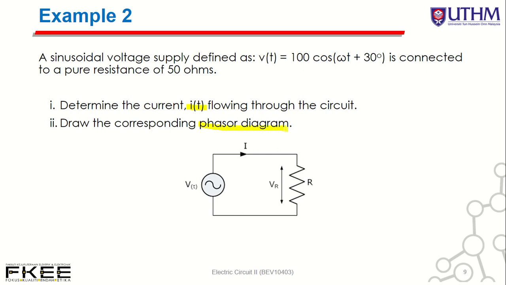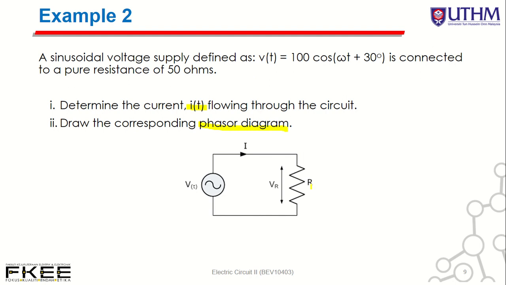So what you need to do is transform from the time domain circuit to the phasor domain circuit. You need to transfer Vt to the phasor domain and R to the phasor domain.